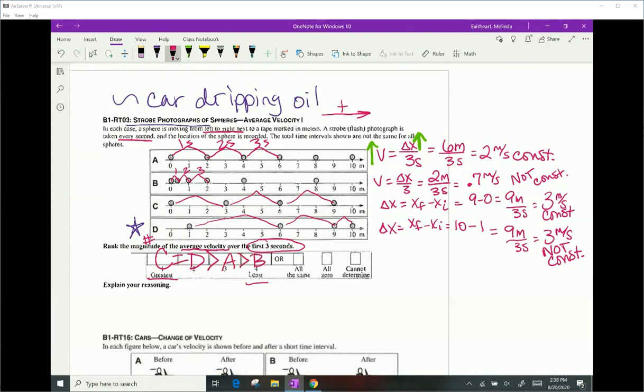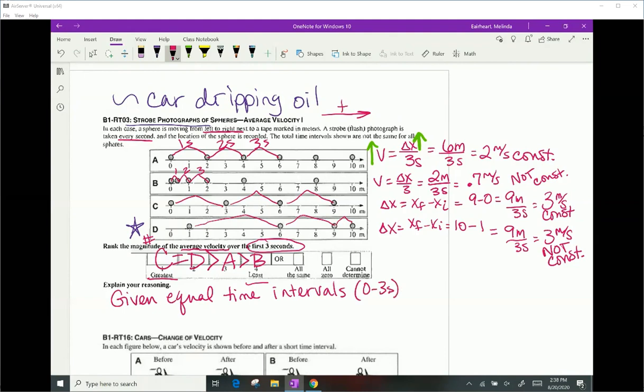Your explanation, you can use your work to justify, but any time it says explain, I would give one concluding statement. And so I'm going to hit on the concept that I mentioned. Given equal time intervals, and to make sure you relay, hey, I know what's going on, 0 to 3 seconds.